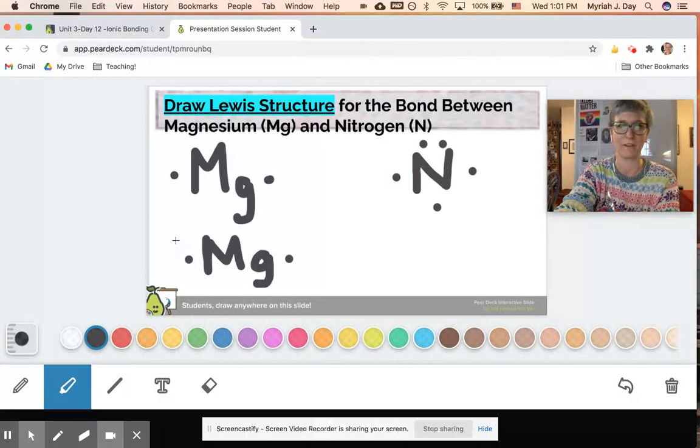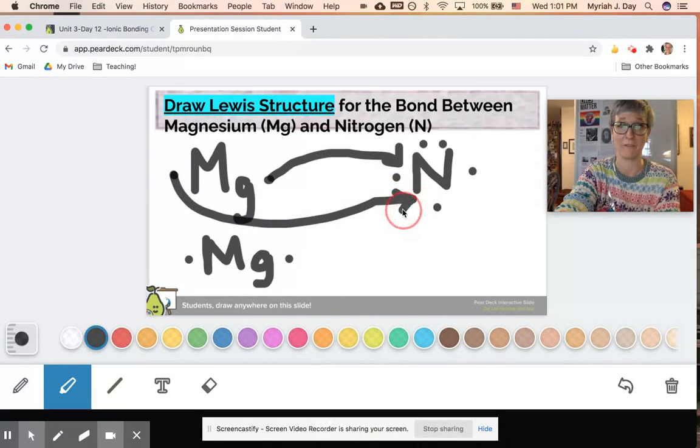So just to get us started, we've got a magnesium giving an electron here, another magnesium, because nitrogen wants to have a total of 3, then magnesium is going to give another one from here. But then this magnesium still needs to have another nitrogen. So there'll be another nitrogen.